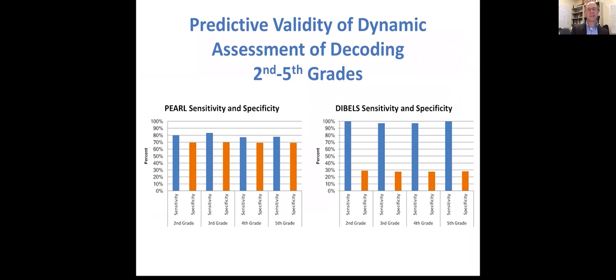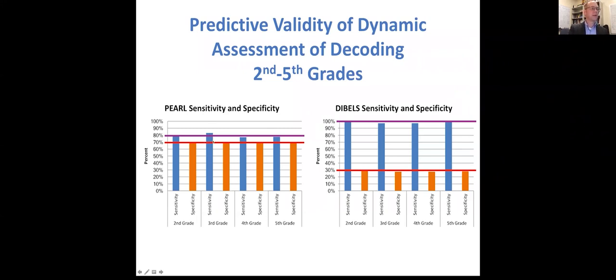And we just analyzed the data out to 5th grade, and you can see that these are the sensitivity indexes that we got from the PEARL over here on the left and DIBELS, our static measure, on the right, and then also the specificity. So you can see that, in fact, these data are a little bit misaligned. It's a little bit higher than this, actually.